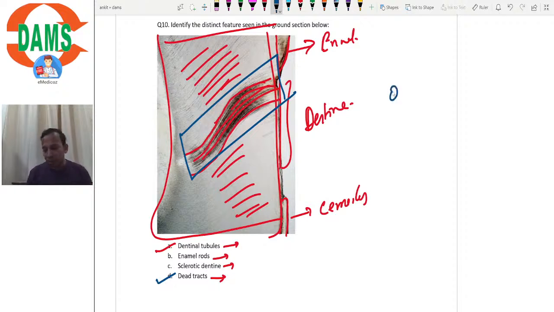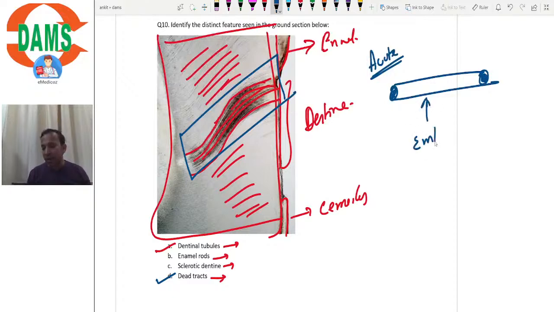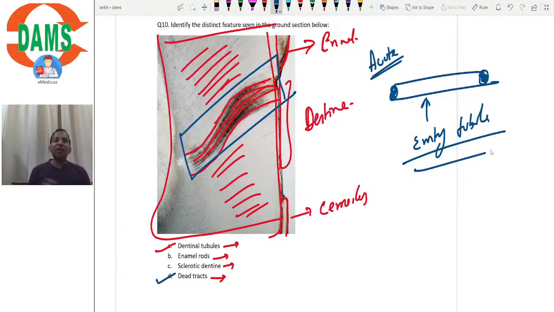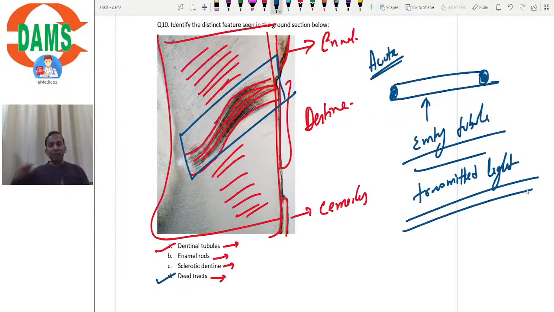And how are the dead tracts formed? Let's say this is a dentinal tubule which was once open, but due to an acute injury, both of its ends got sealed, and now this has become an empty tubule. This empty tubule appears dark on the transmitted light, since it reflects the light away from itself.